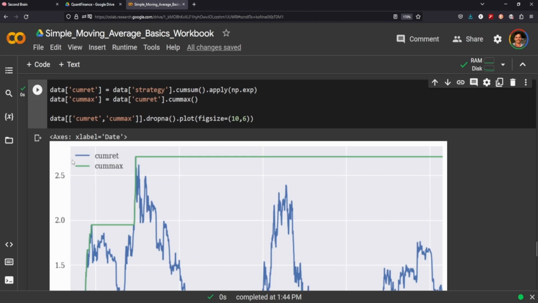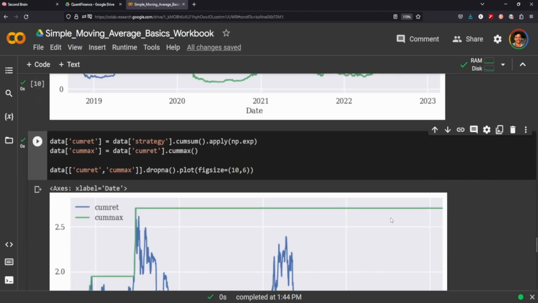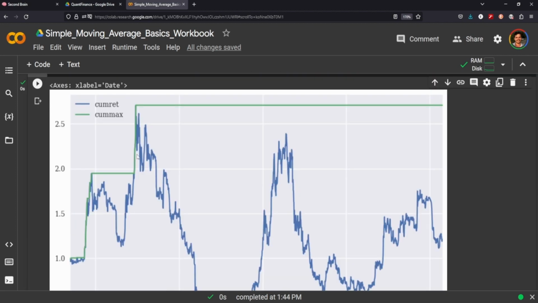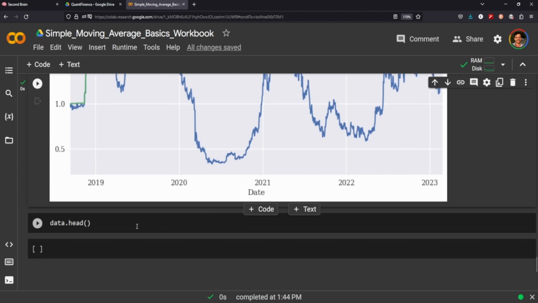It's good to calculate the cumulative returns and also visualize the cumulative max, because even though our returns were outperforming our strategy, what this graph is telling us is that we had a point where the cumulative max was met, and we continued on, and we never cumulatively got back to that point.